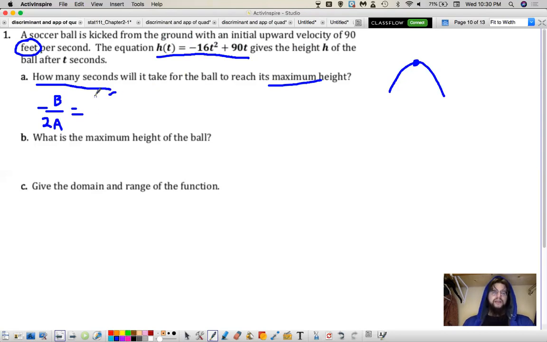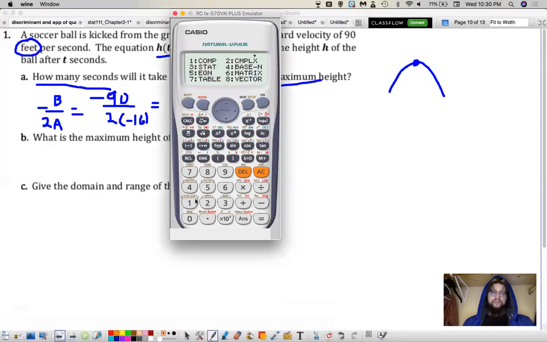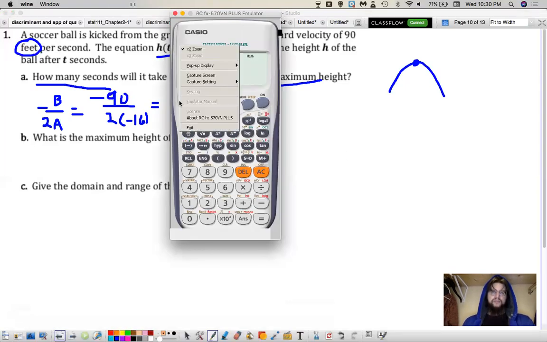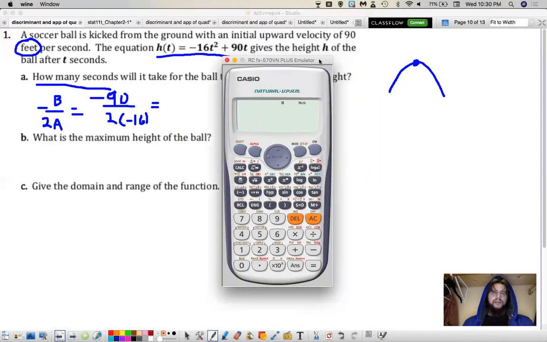That's going to be negative 90 over 2 times negative 16. If I do that, hang on, this is in my way. Okay, so let's do that.